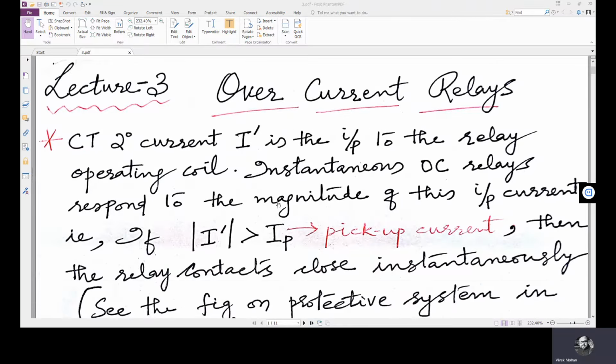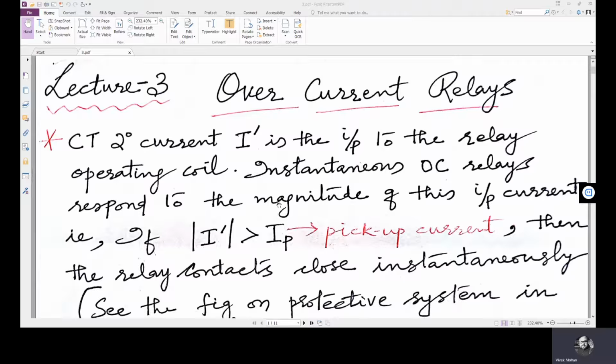So we have already seen that the current seen by the relay is I dash and the excitation current was IE. The total secondary current of the CT was IE plus I dash. So the CT secondary current which is seen by the relay, I dash, is the input to the operating coil of the relay.